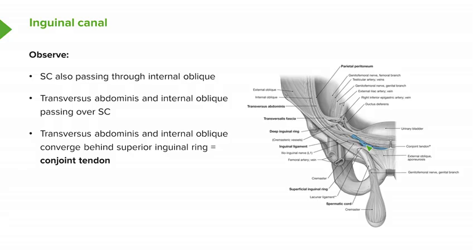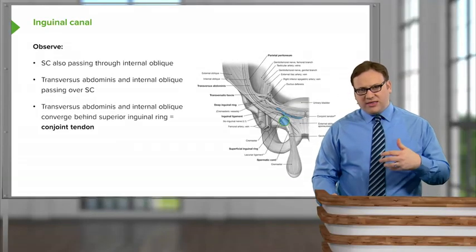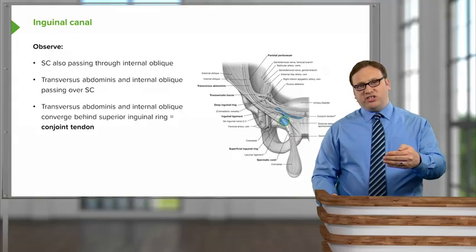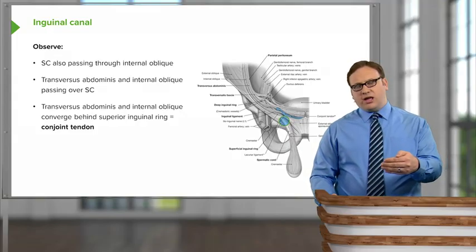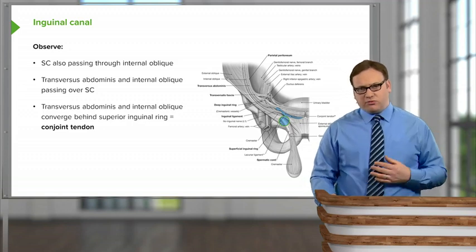It lies directly posterior to the superficial inguinal ring, and it's formed by internal oblique aponeurosis and transversus abdominis aponeurosis merging together, where these two muscles merge to attach onto the pubic tubercle. This conjoint tendon helps to strengthen the inguinal canal directly posterior to the superficial inguinal ring.